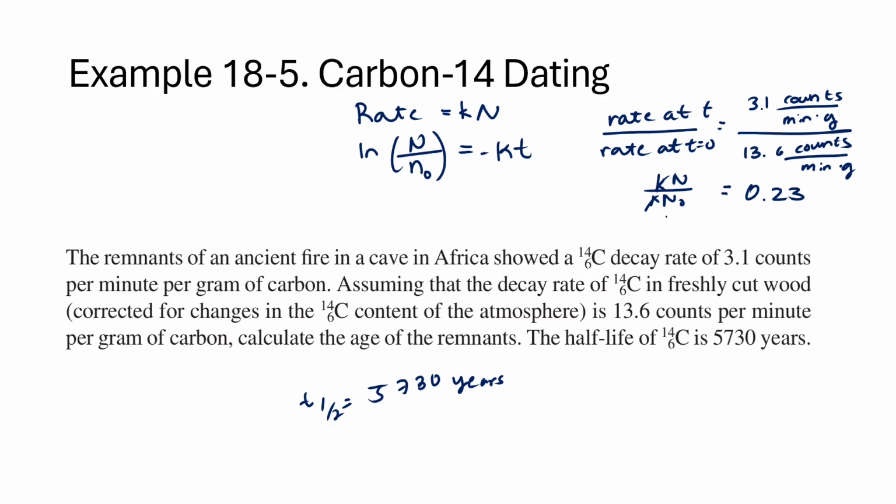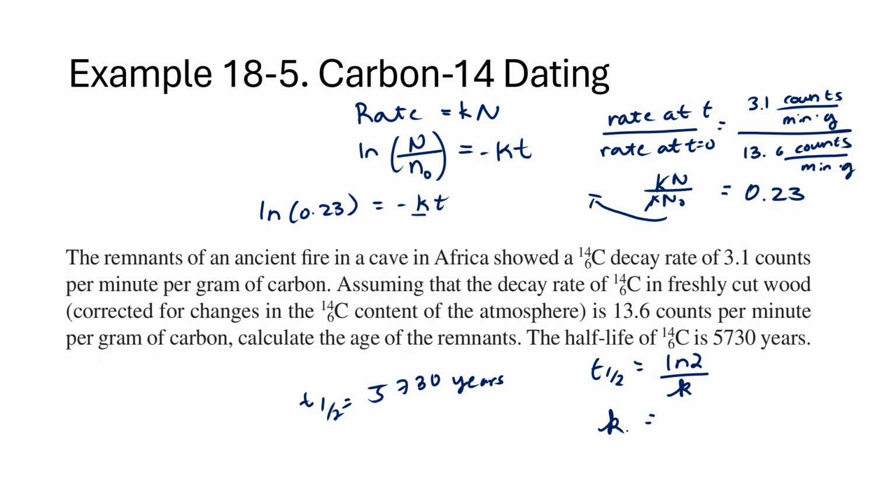We plug that value into the integrated rate law, so ln 0.23 is equal to negative kt. How do we get k? We use the half-life formula: T1/2 is equal to ln2 over k.